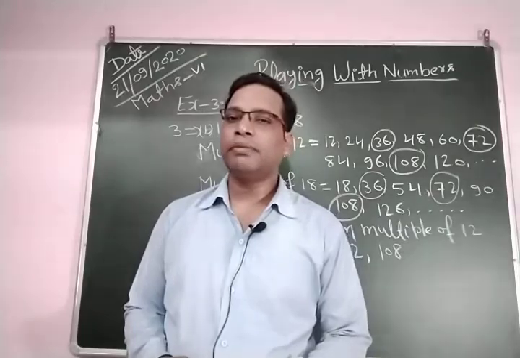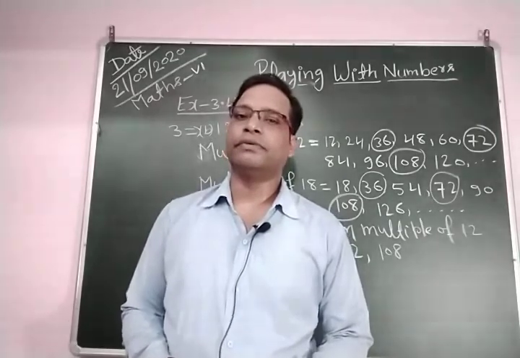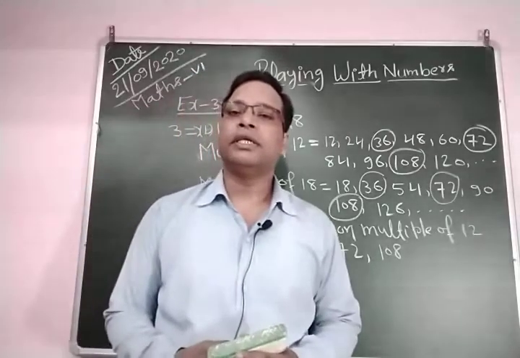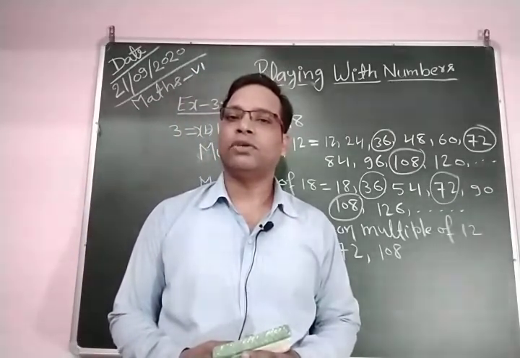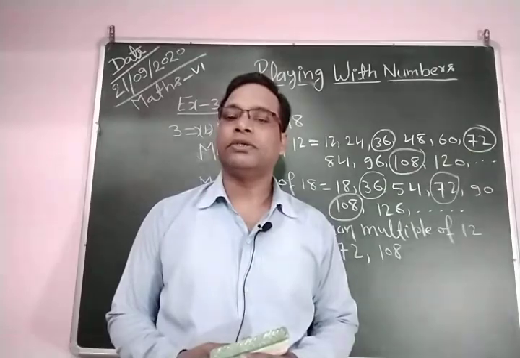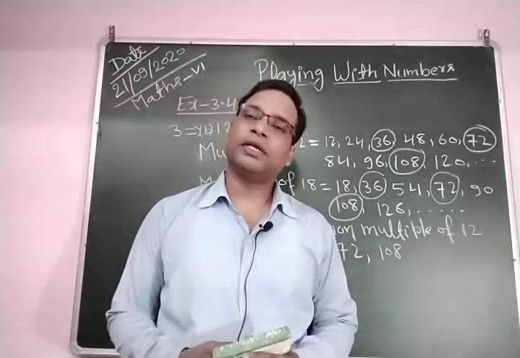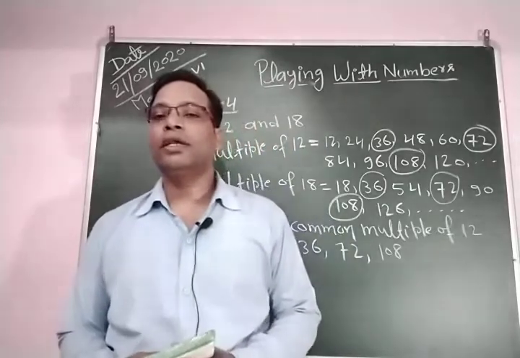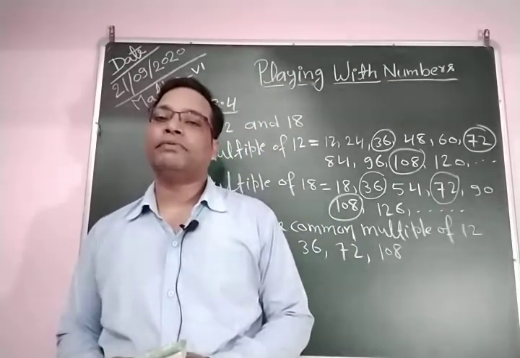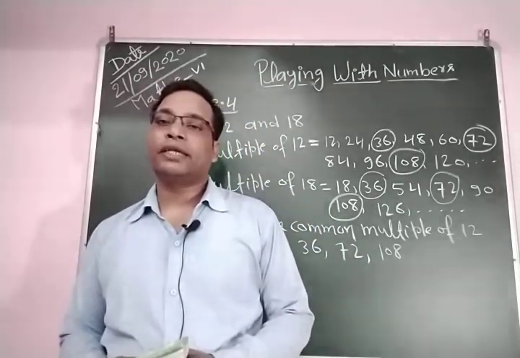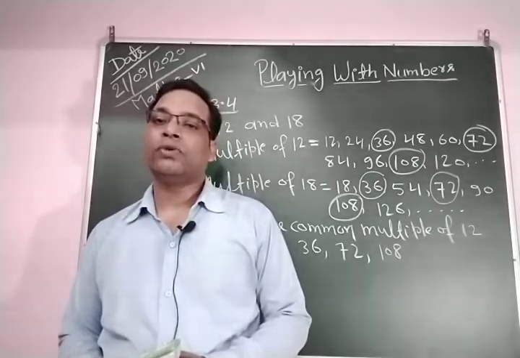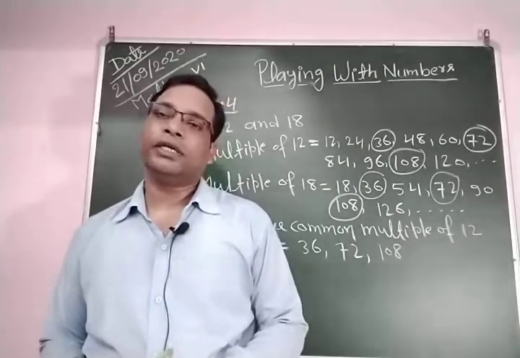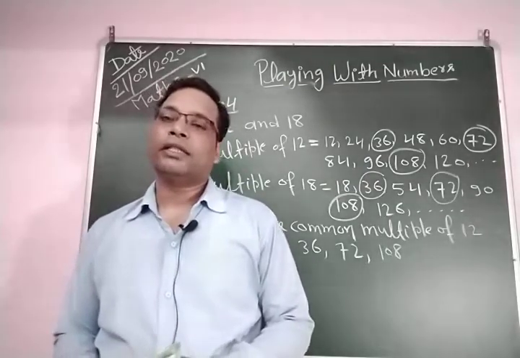In the first way we write the multiples of 3: 3, 6, 9, 12, 15, 18, 21 and so on up to less than 100, and again the multiples of 4: 4, 8, 12, 16, 20, 24, 28, 32 up to less than 100, and then find the common multiples.